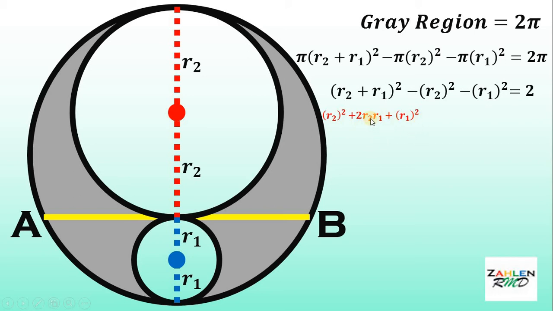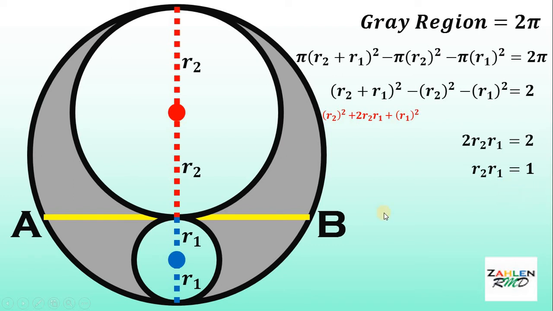Now as you can see, we can cancel out r sub 2 squared and r sub 1 squared. Therefore, we have 2 times r sub 2 times r sub 1 equals 2. Divide both sides by 2 and we get r sub 2 times r sub 1 is equal to 1. Now keep in mind that the product of r sub 2 and r sub 1 is equal to 1.